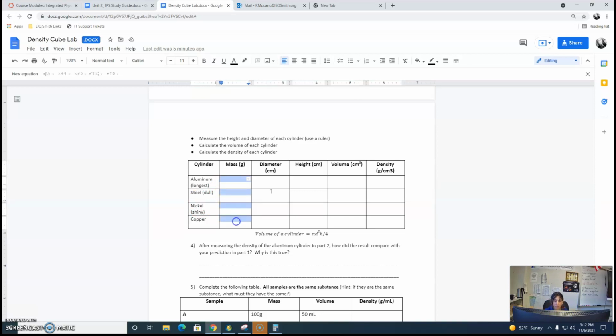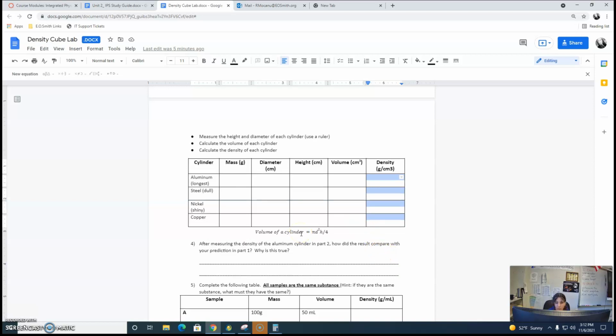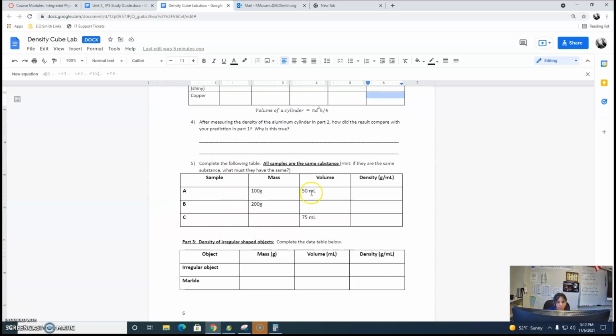You're going to again measure mass. You're going to measure the diameter using your ruler. You're going to measure the height of each cylinder. You're going to calculate volume. You're going to calculate density using the skills that you practiced in the pre-lab. Finally, you are going to complete these questions.